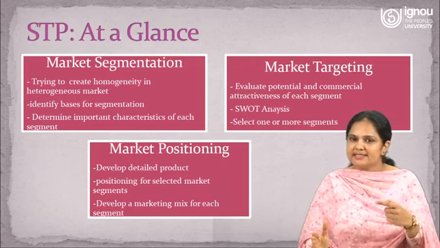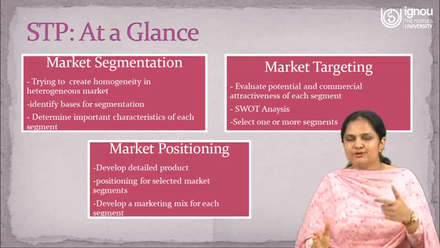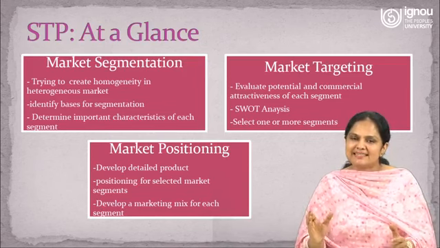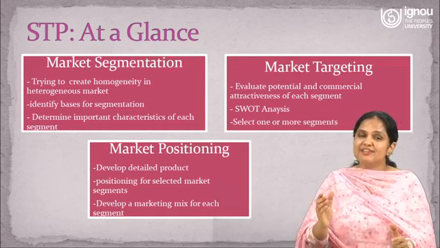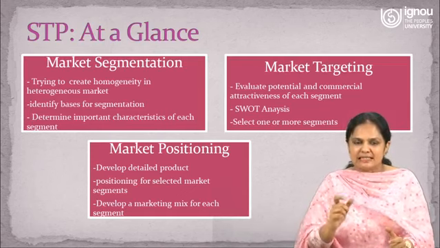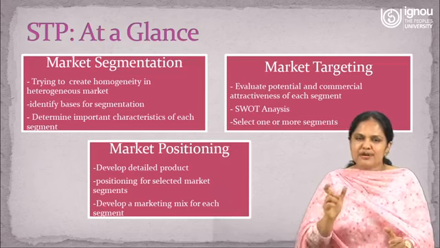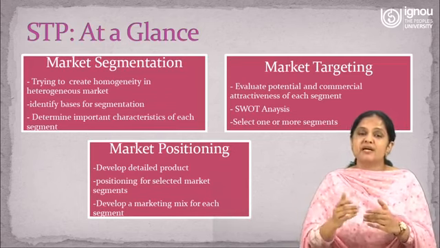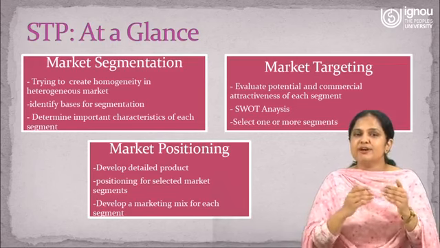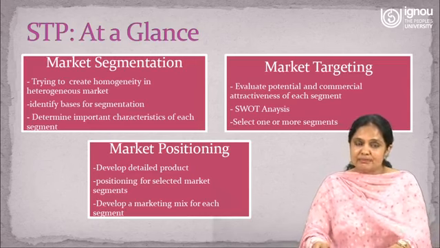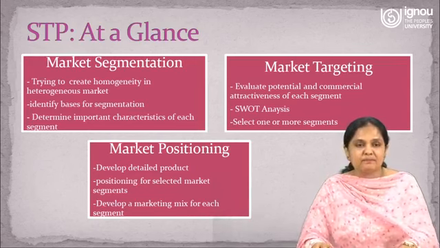We did SWOT analysis, and then we decided whether we want to go for one segment or more than one selected segments. And then we did positioning, wherein we prepared the detailed product positioning for selected market segments, and we tried to develop a different marketing mix for different market segments. So this was STP, segmentation, targeting and positioning.